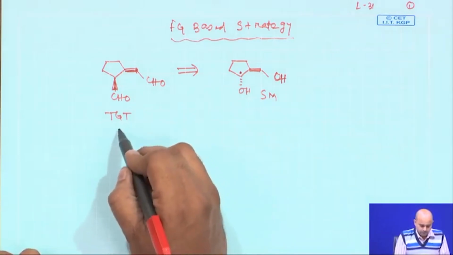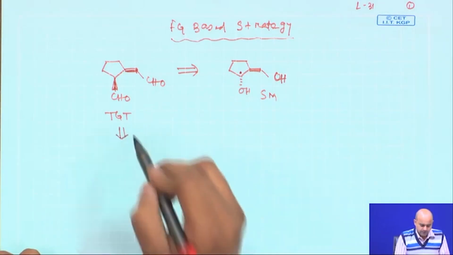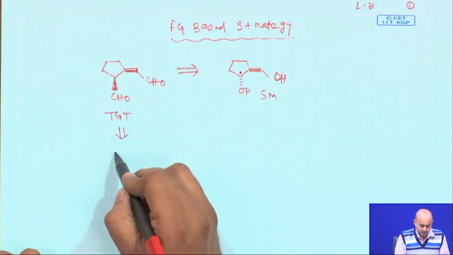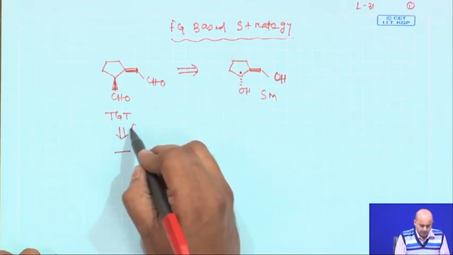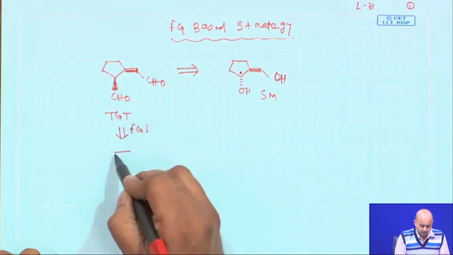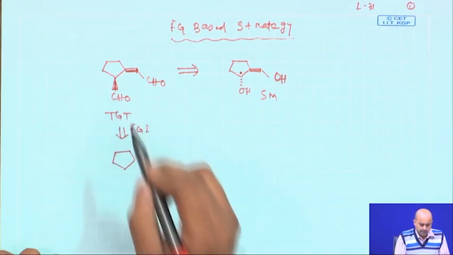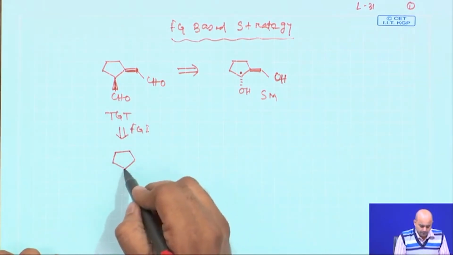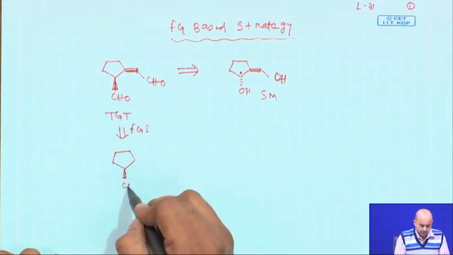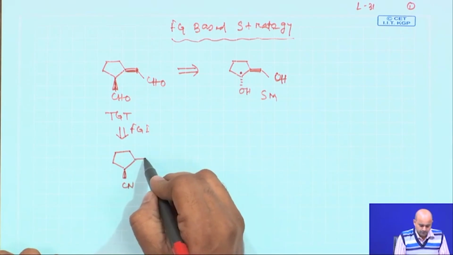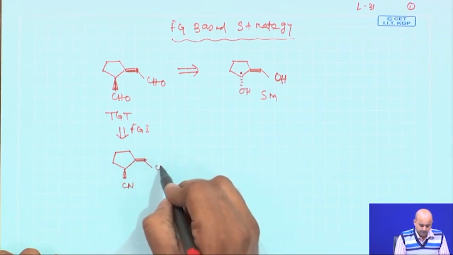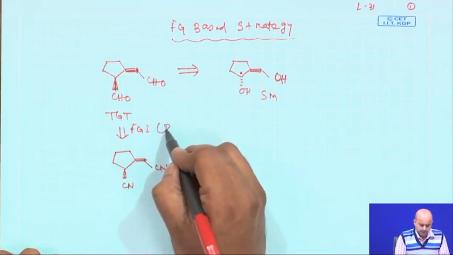Now, we do the very conventional retro by doing a simple FGI, and we already discussed that aldehyde appendages can easily be constructed if you have the corresponding cyano compound by a DIBAL reduction.